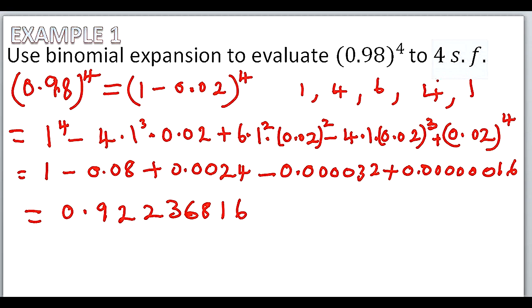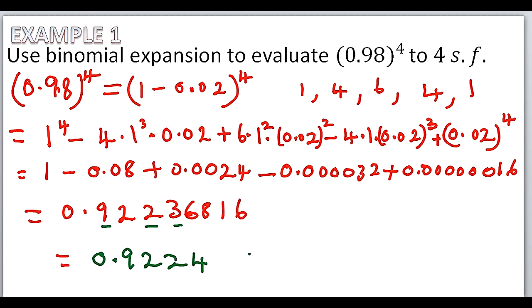Now, because we are told to work with 4 significant figures, you get, this is 1 2 3 4, the next one is 6, so we round off, so we get 0.9224.